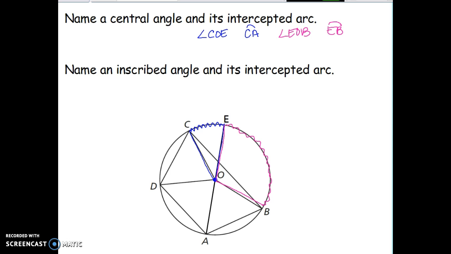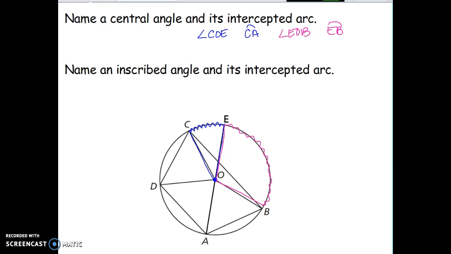You can also see that COD, DOA, and AOB are all central angles, in addition to DOB, COB, EOD. There are lots and lots of different central angles here.